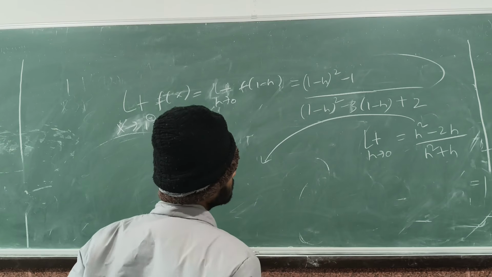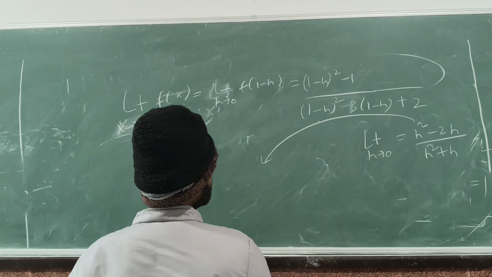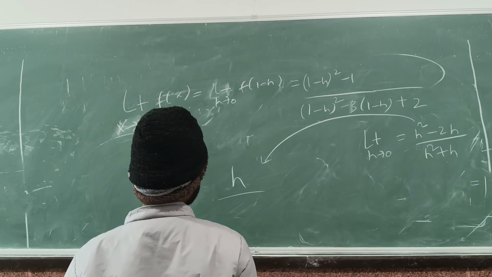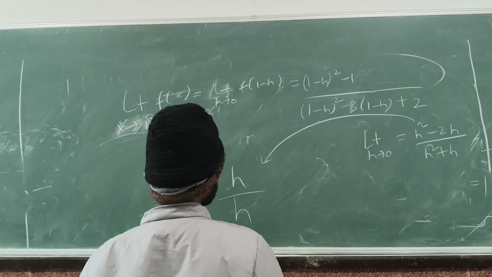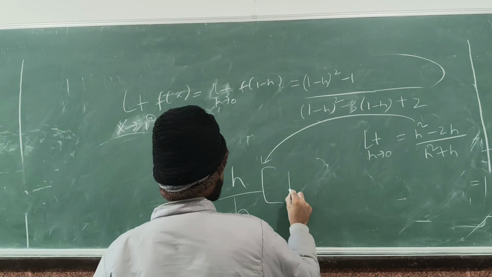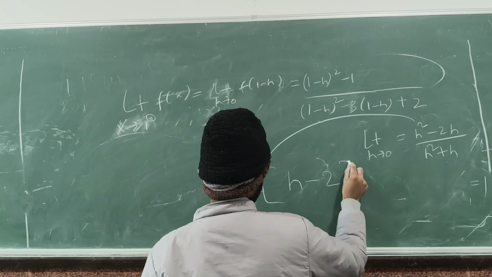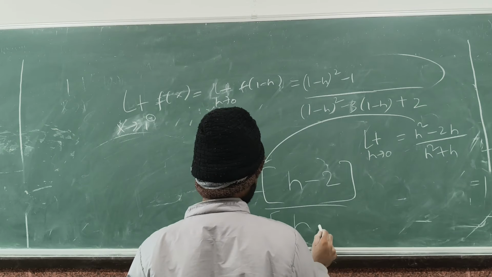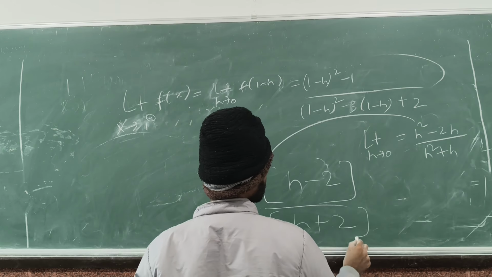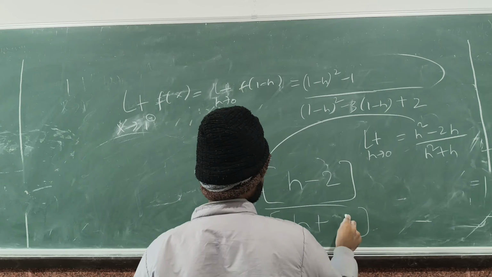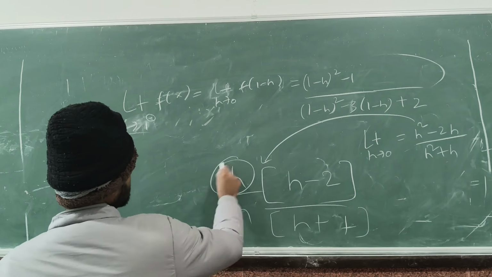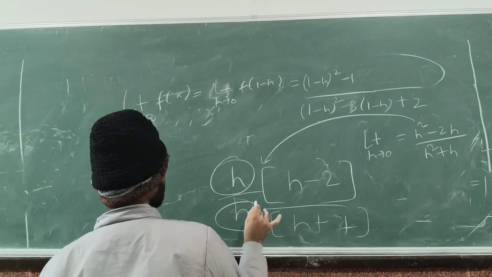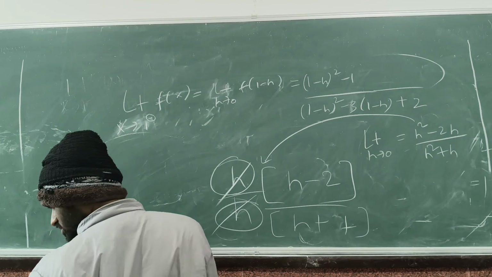So here you can take h common to cancel it. h common: h minus 2 in the numerator, h plus 1 in the denominator. Since it is not exactly 0 by 0 but tending to 0 by tending to 0, we can cancel it out.